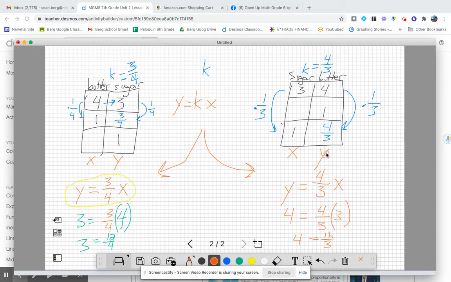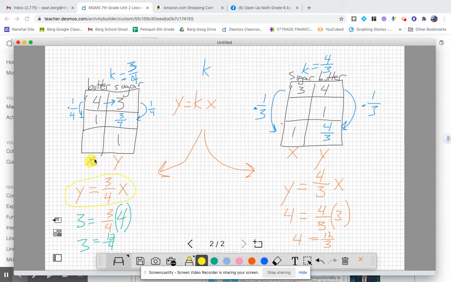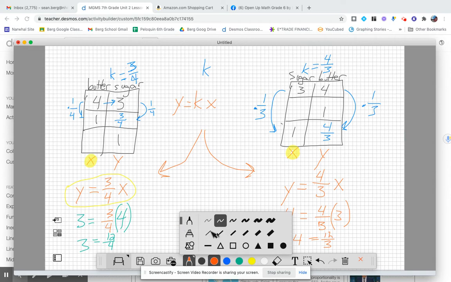So this k, even though it's switched based on the columns, when I named the y and the x, the x always came first. If you notice, x is first in each column, even though it went from being the butter value on the left side to the sugar on the other side. That seems like it didn't matter. So that's the way it works.